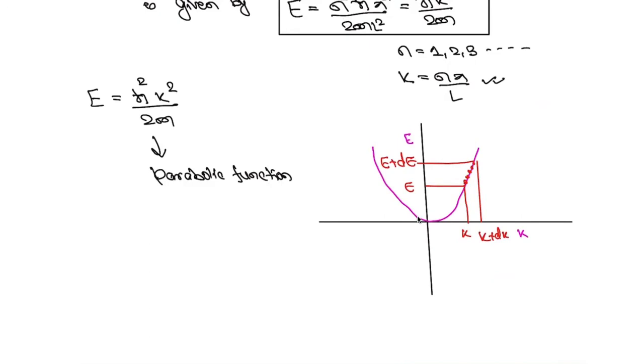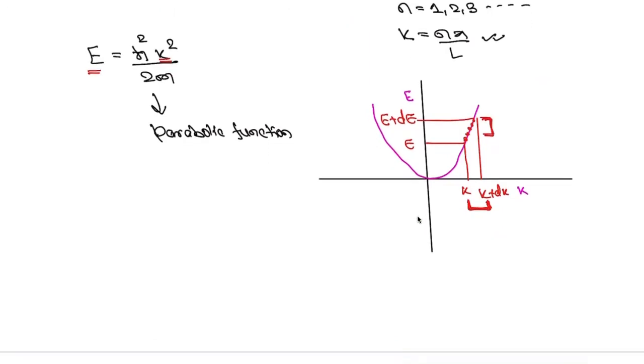Now can we say that the number of states between K and K plus dk is equal to the number of states between E and E plus dE? Look, every E corresponds to a K, every E has a K, represented by K, right? So whatever states there will be between K and K plus dk, those same states will be between E and E plus dE.